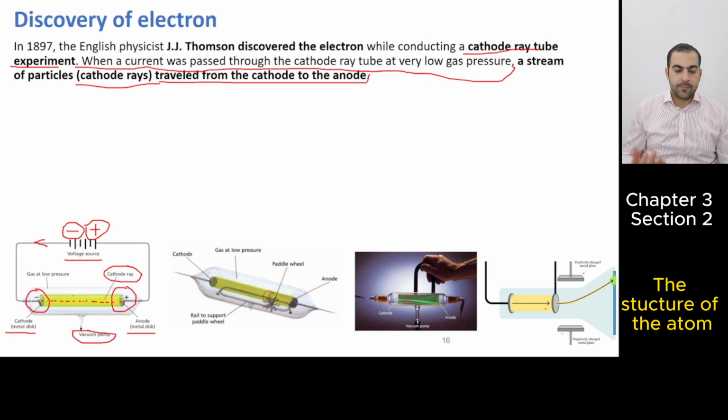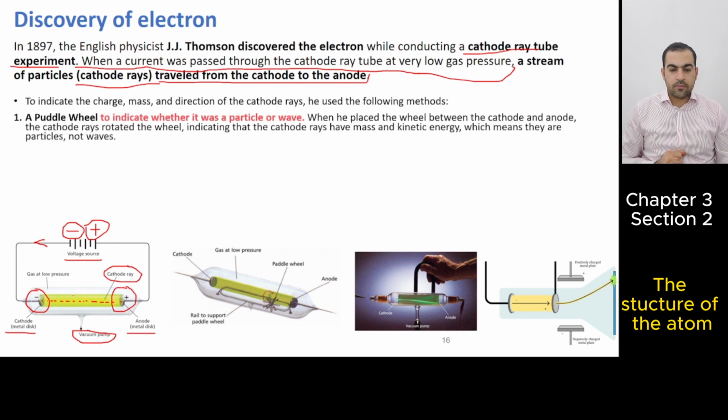Now, to know whether these rays are waves or particles, and whether they move in a straight line or not, and to indicate the charge of the rays, he used three methods. Look, to indicate whether it was a particle or a wave, he used a paddle wheel.